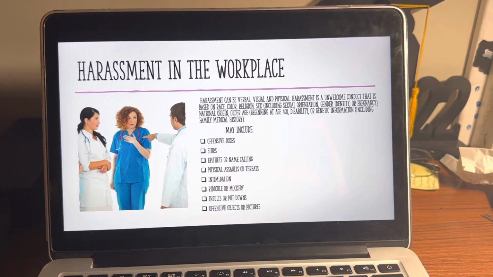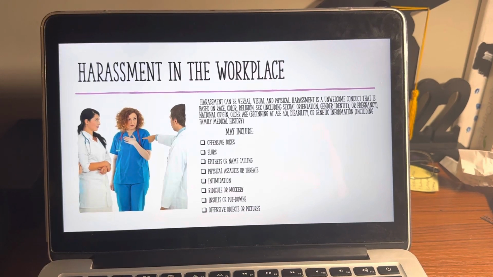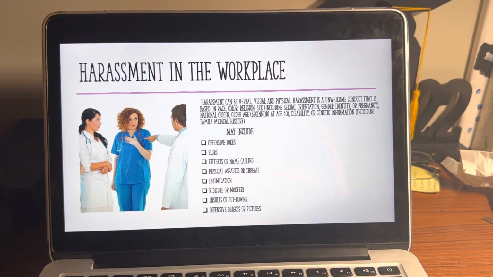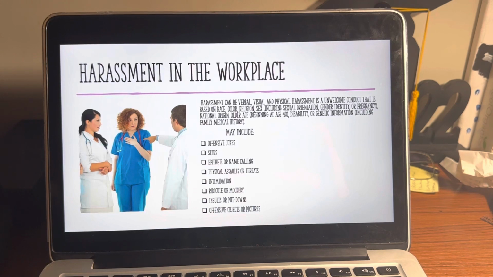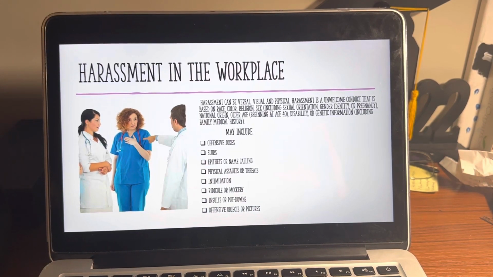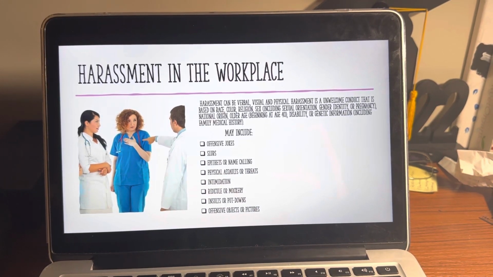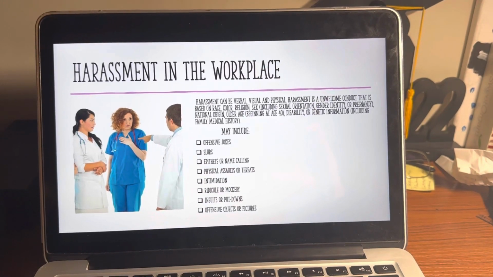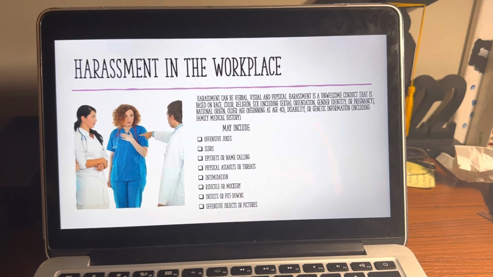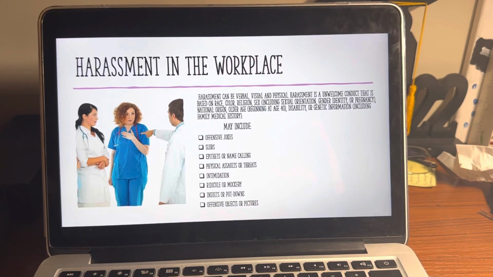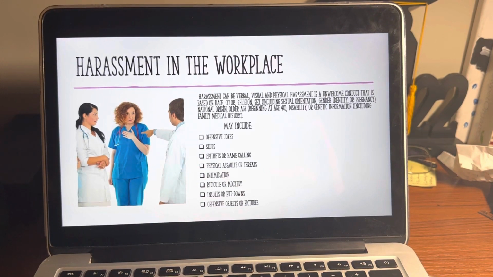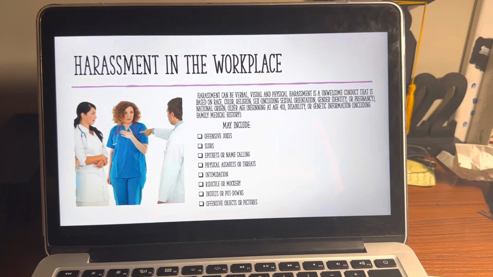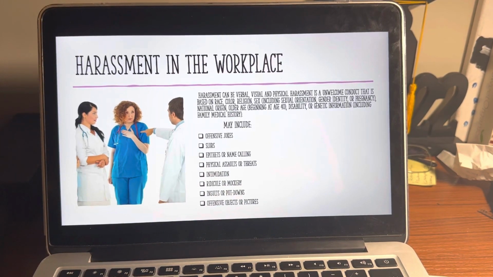Also national origin, older age, disability, or genetic information. Examples of harassment are offensive jokes, slurs, physical assault or threats, name-calling, intimidation, insults or put-downs, and offensive objects or pictures.